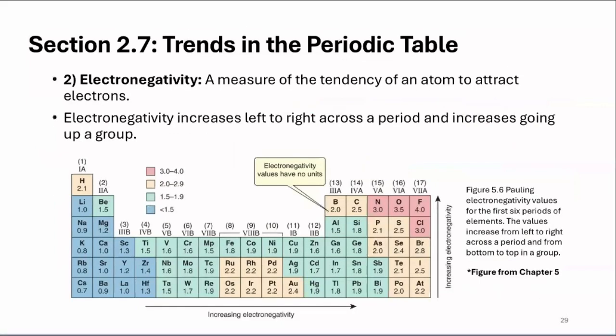Lastly, the other trend that you need to know in the periodic table is electronegativity. Electronegativity is a measure of the tendency for an atom to attract electrons. When it comes to electronegativity, understand that this is specifically in chapter 5 when we discuss it in detail, but I wanted to use figure 5.6, which illustrates the values that we have for electronegativity.